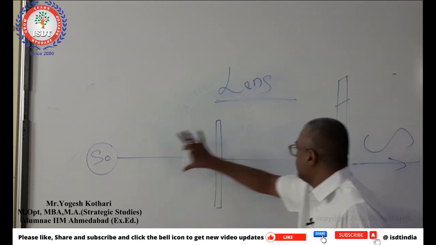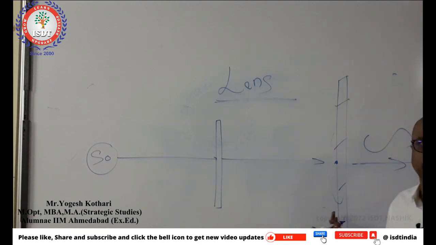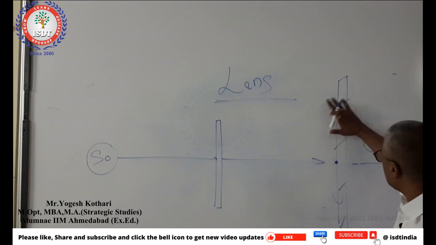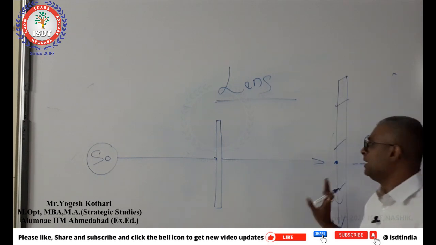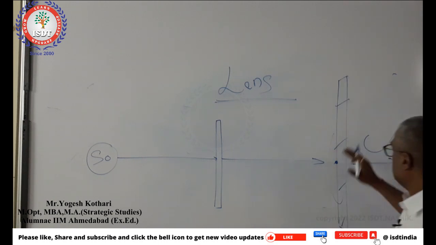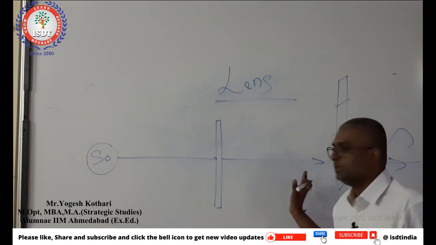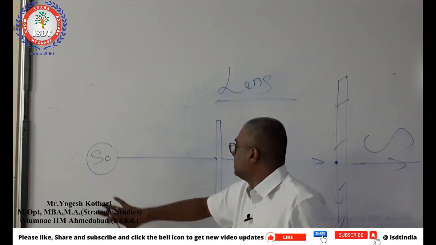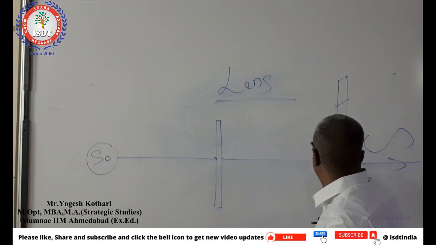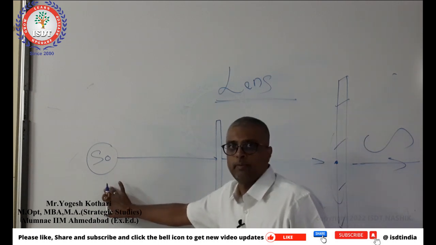So this is getting refracted and stopped here, so you see some light there. Irrespective of the size, we can call it the image of this object basically.